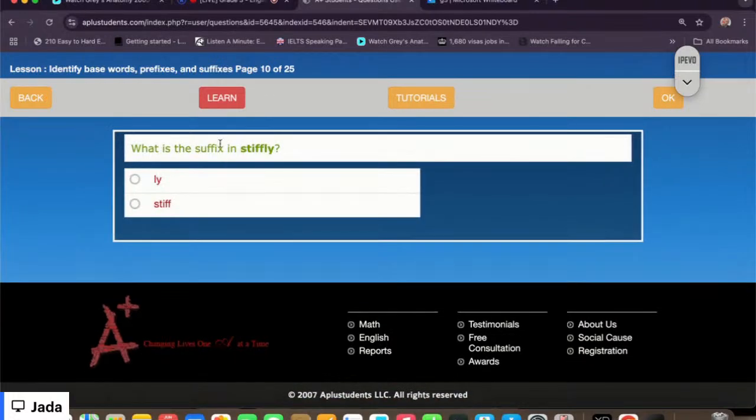So what is the suffix in swiftly? First or second suffix?